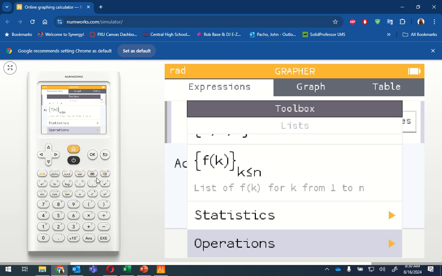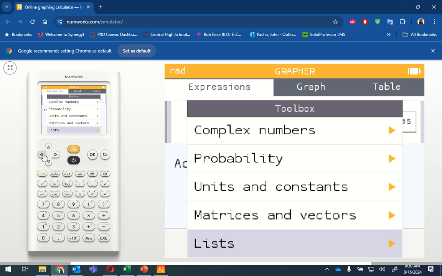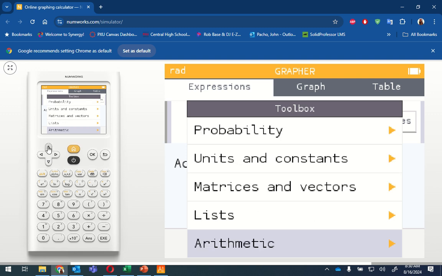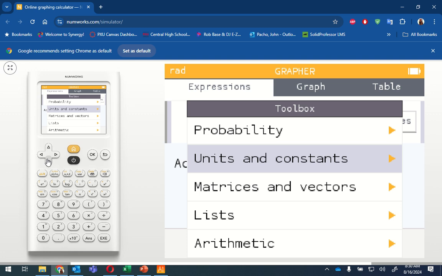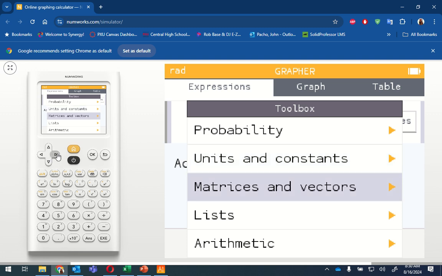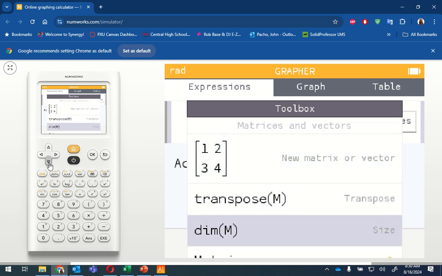Alright, for you, it's in the toolbox. You guys could actually see it in the toolbox, but I can't bring that up right now because I don't know where it is on this one. Matrices and vectors.